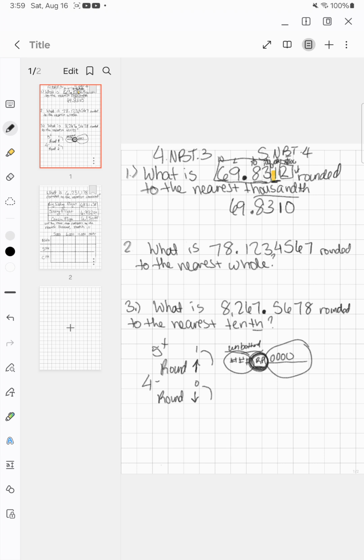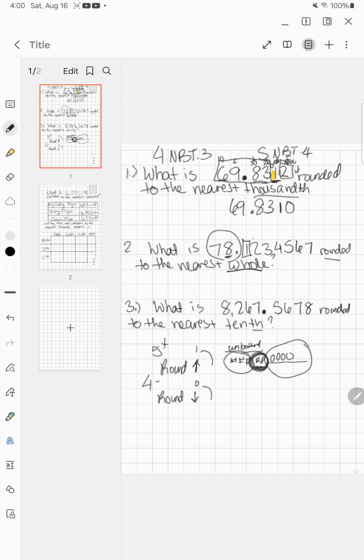Now, if I say round to the nearest whole, let's pretend we got money here. Whole means how much money I have. That's dealing with the ones place. It looks like I have 78 full dollars. If I round to the nearest whole, I still underline my rounding place, which is the ones, and I box the digit to the right.